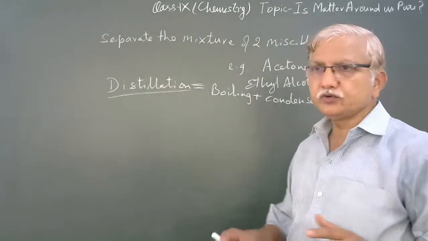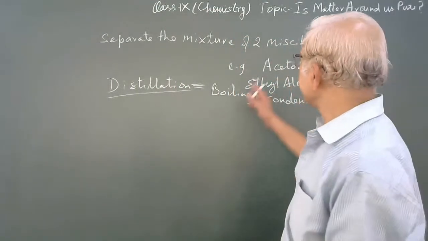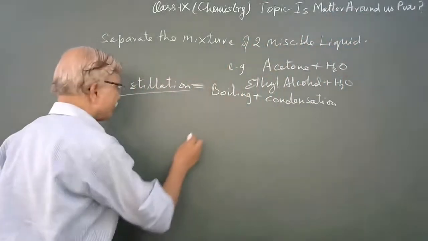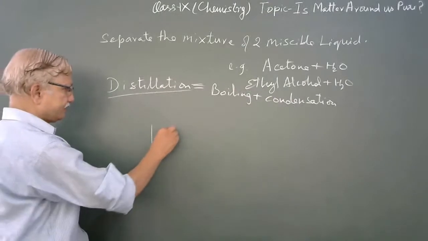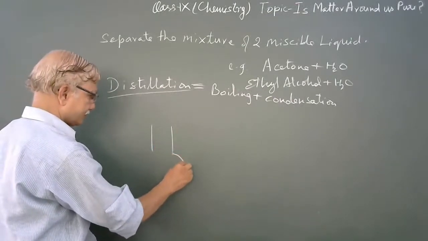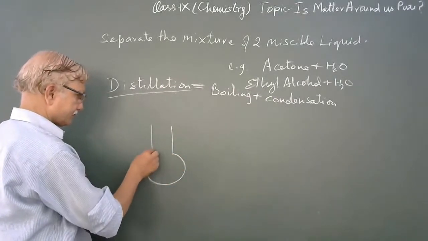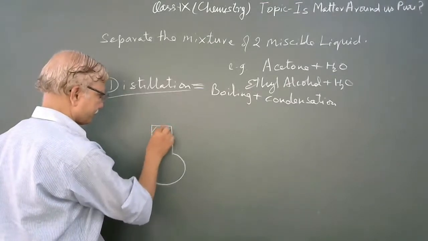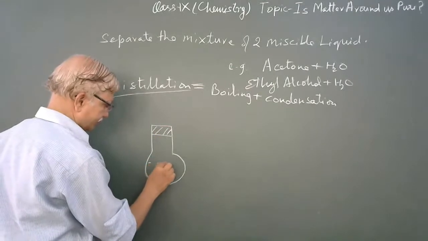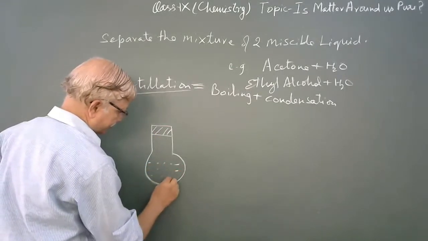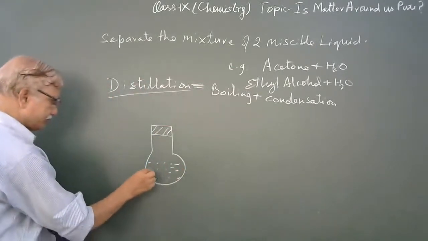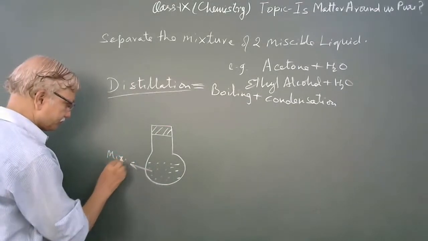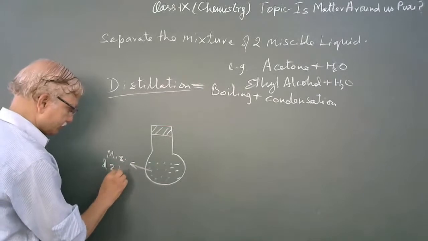So, how do we do the distillation? Suppose we take a mixture of acetone and alcohol. Right? So, for this, we are taking a distillation flask. And in the distillation flask, we are taking this mixture of liquids.